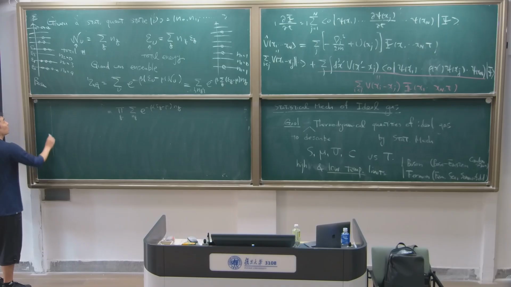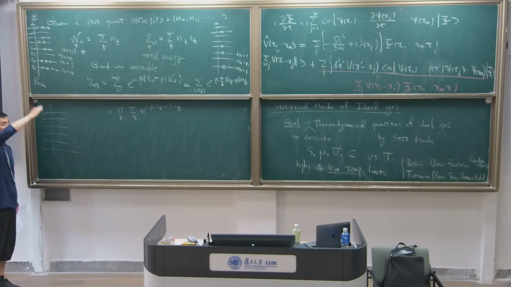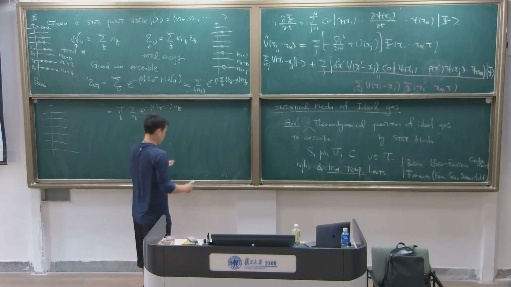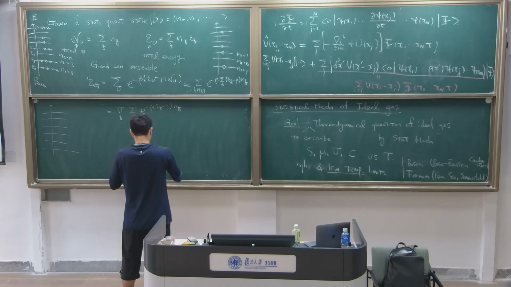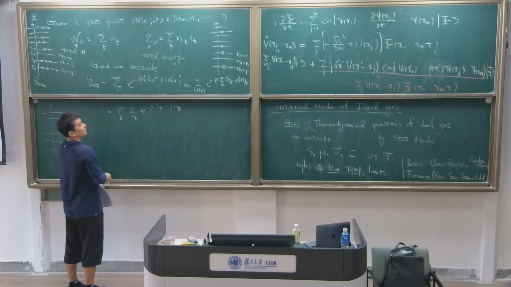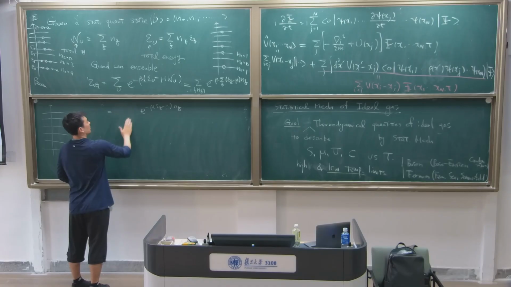So in bosons, these states are described by q, so you have to sum over all possible occupations. Previously it was like this way.